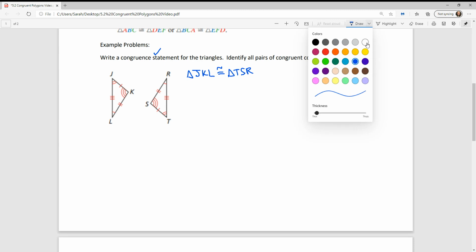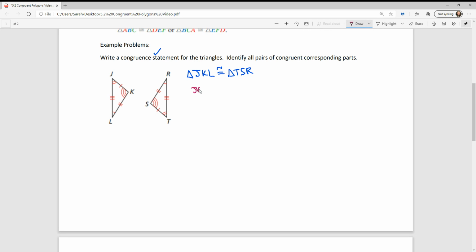Now I'm going to talk about all the pairs of congruent corresponding parts. You can do sides first, you can do angles first, it doesn't matter. I am going to start with sides. I'm going to go with my side that's marked with 1 tick mark. Segment JK is congruent to, you need to find the other segment that's only marked with 1, which is TS.